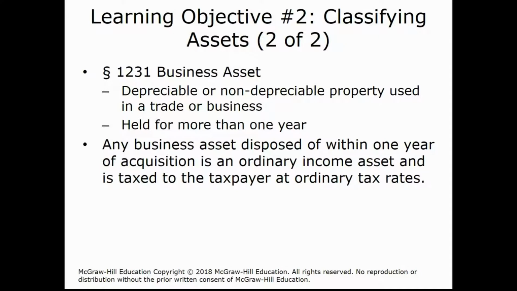So these 1231 are business assets, may be depreciable, such as a piece of machinery in the business, or non-depreciable, such as inventory. However, to qualify for the preferential tax rates, which we'll talk about shortly, these assets, business assets or 1231 assets, must be held longer than a year.